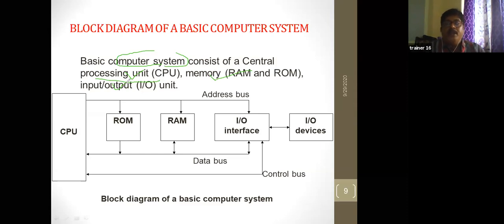Now it is clear. Here in the computer, the major component is the CPU. Without a CPU, there is no computer. Without a microprocessor, there is no computer. So the CPU is the heart of the computer system, and without it the computer will not function.